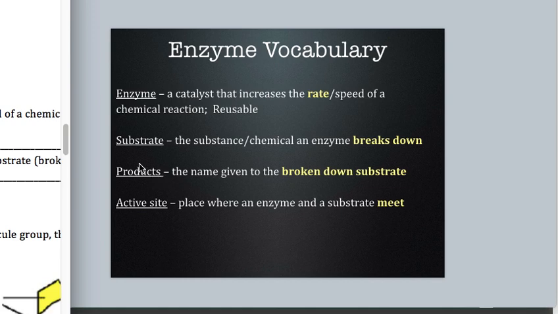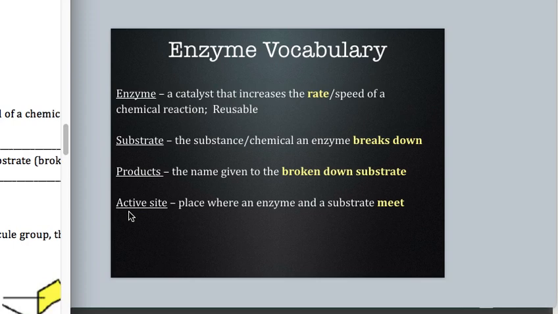So the products is the name given to what leaves the enzyme, or the broken down substrate. So going back to the pepperoni, the protein is broken down into individual amino acids. So the substrate is protein, pepperoni. The product is the amino acids.